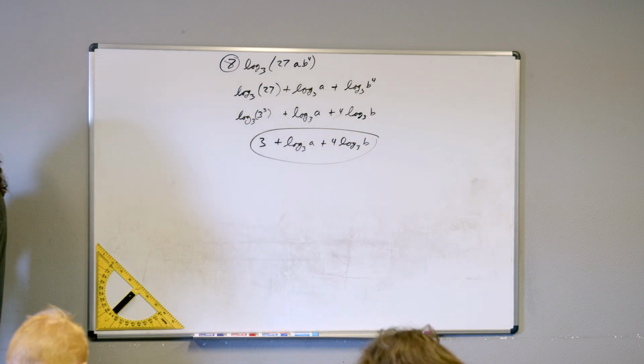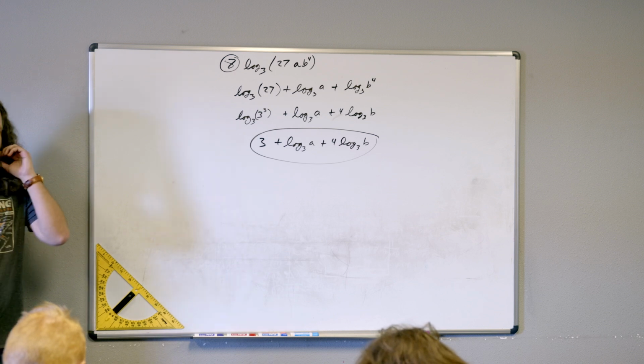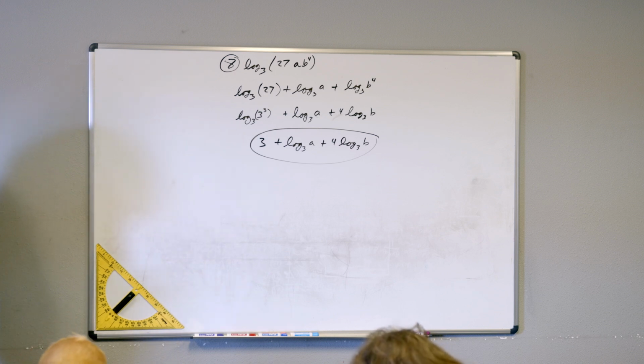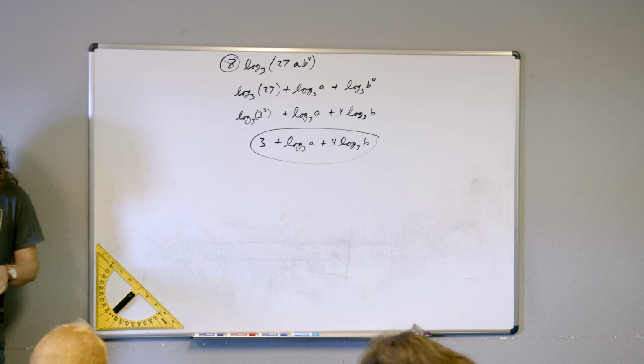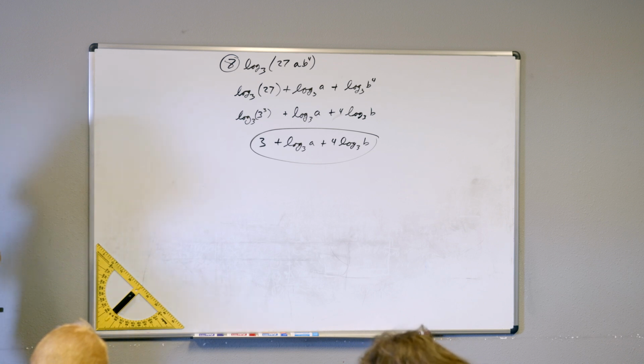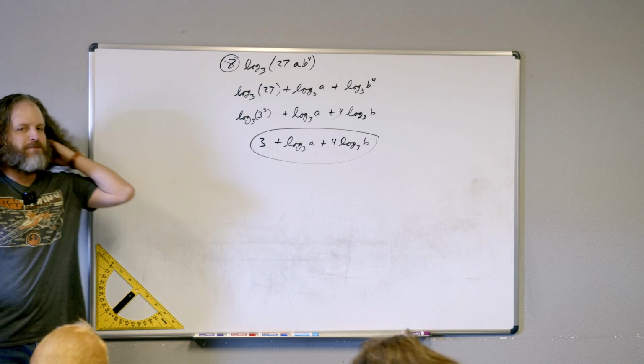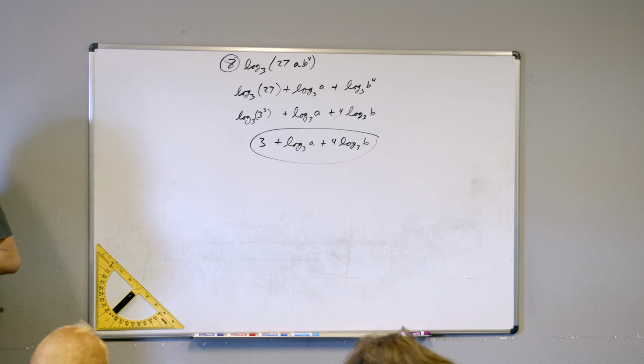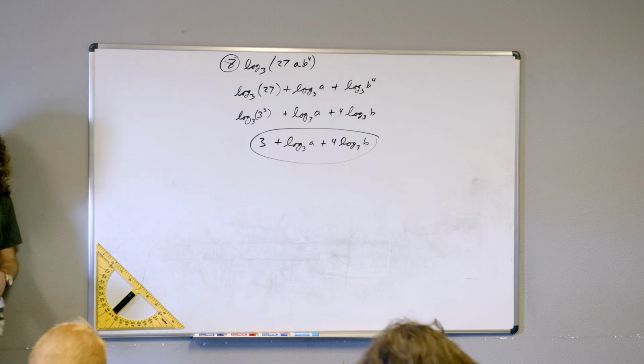What other questions? Number 9. What does condensing mean? It means turning it into one log. Number 9 was harder than I really, strictly speaking, would have intentionally done on the test, but I felt fine about it because this is pre-cal, not algebra 2.